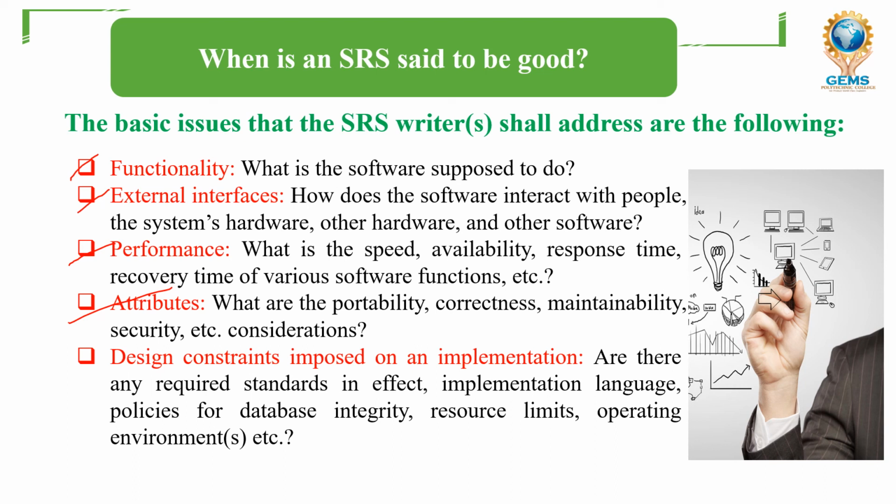All this can be covered in our SRS. And last, it talks about the design constraints imposed on the implementation. So these are the 5 points, and these 5 points must be addressed by the SRS writers. Then only we can say that good SRS documentation is done.